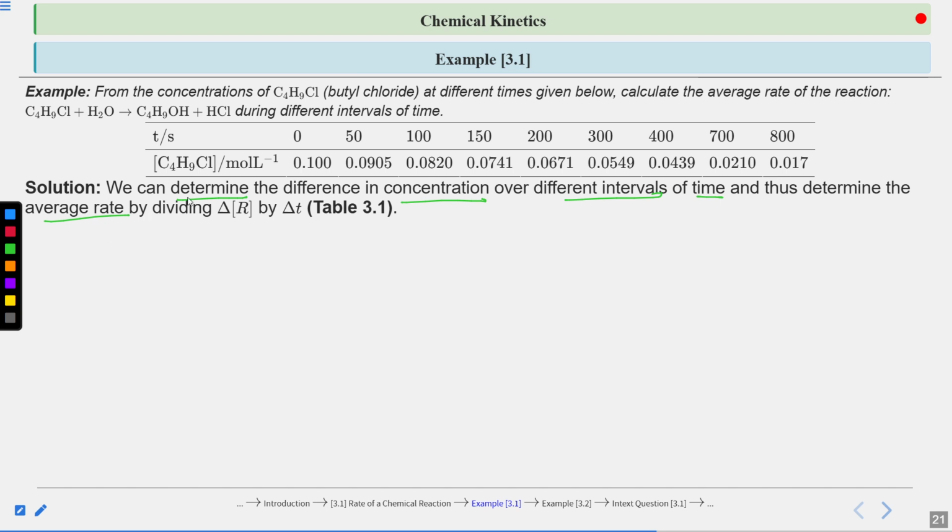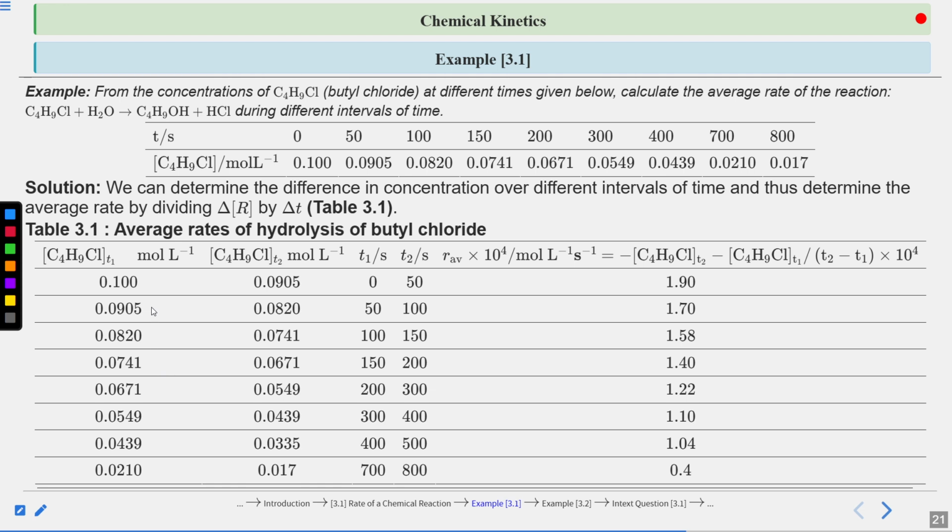So we can determine the difference in the concentration over different intervals of time and thus determine the average rate by dividing the change of concentration by that particular time interval. It is given in table 3.4, which represents the average rates of hydrolysis of butyl chloride, C4H9Cl.